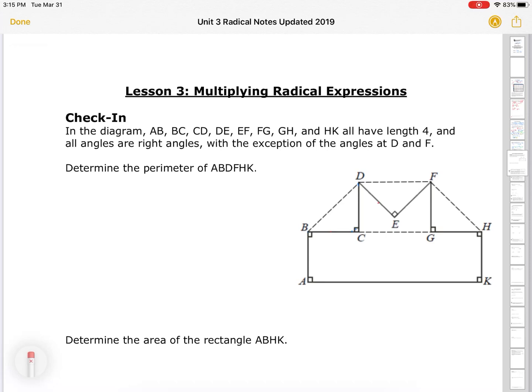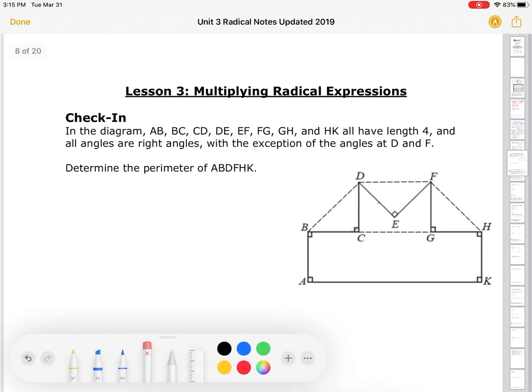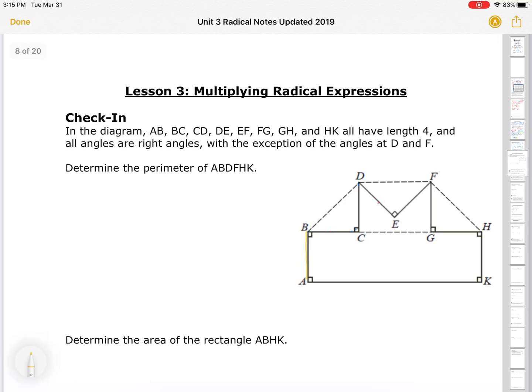So check-in question. In the diagram below, AB, BC, CD, DE, EF, FG, GH, and HK all have the side length of 4. Looking at this diagram, they want us to determine the perimeter of ABDFHK.